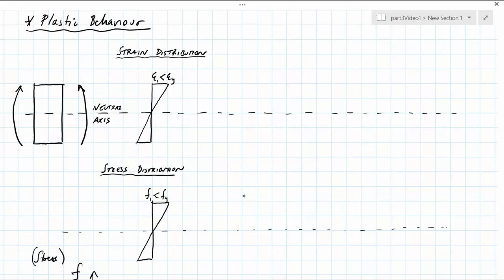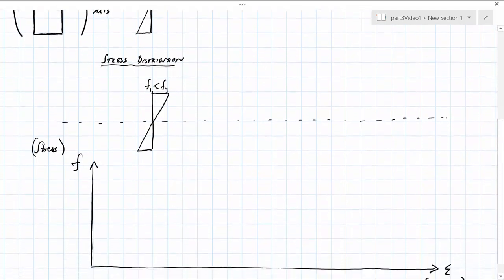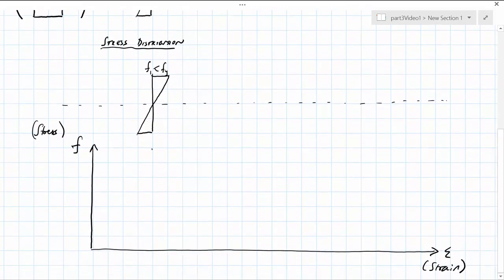The corresponding stress distribution has a value of F1 for the extreme fibre stress, which is less than Fy, the yield stress. We can plot this point on a stress-strain graph where we have epsilon 1 and F1.